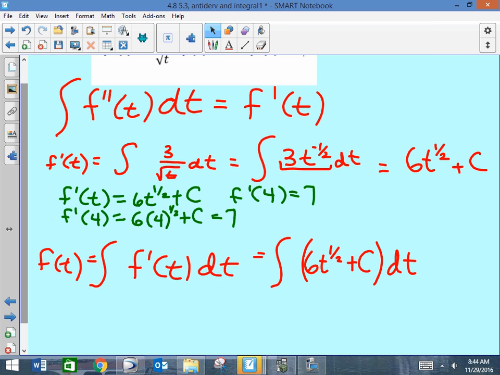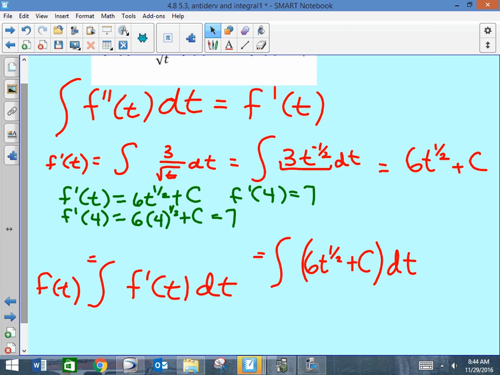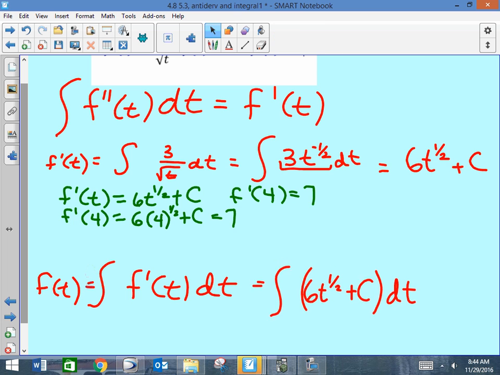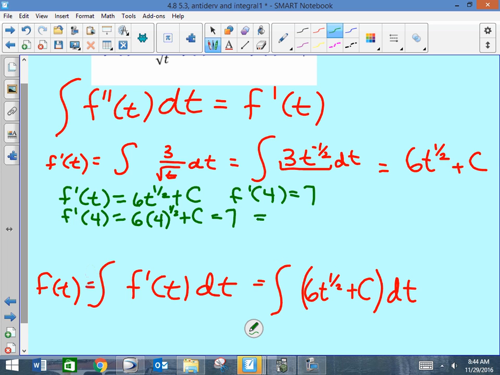What's 6 times 4 to the 1/2? What's 4 to the 1/2? Square root of 4, which is 2, right? So 6 times 2 plus c equals 7. 12 plus c equals 7. c equals what? -5. Okay. So we should plug in a c right here.